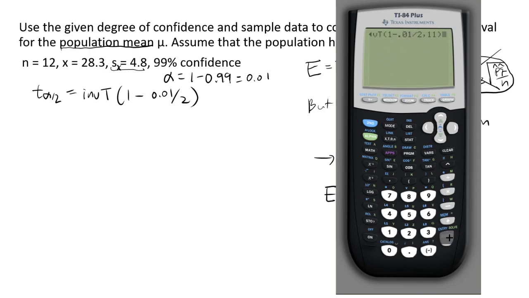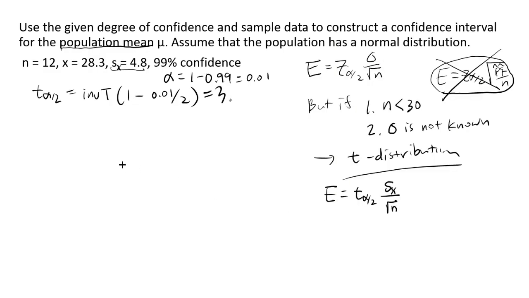Okay, we paste and we get the value of 3.106. Note that degrees of freedom is defined as n minus 1, and because n is 12, it's 12 minus 1, which is 11. That's how I put this value, it was needed in order to calculate this fully.